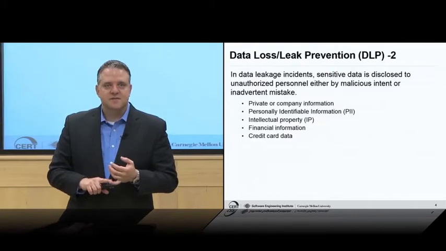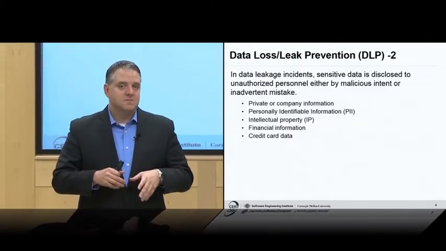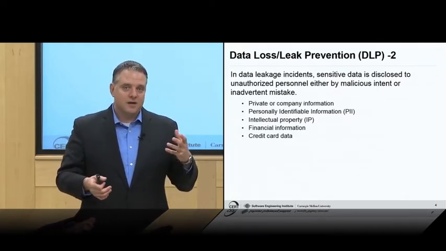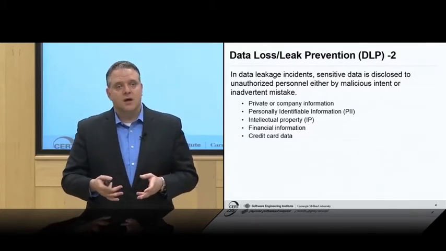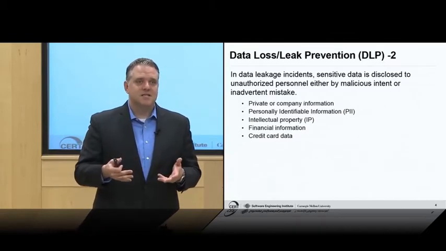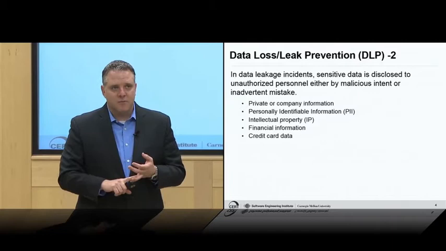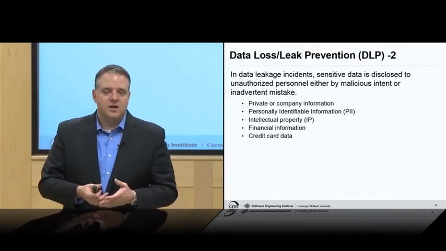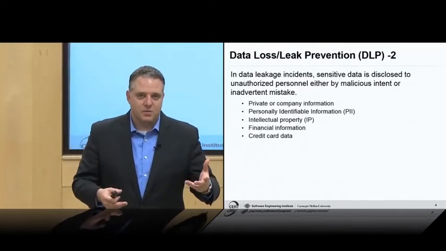Data leakage incidents typically occur when you have sensitive data that is being disclosed to an unauthorized third party, either by malicious intent, the person intended to do it, or by inadvertent mistake. And by sensitive data, we could mean privacy-related data, health information, intellectual property, proprietary information, credit card data, board discussions, mergers and acquisitions.